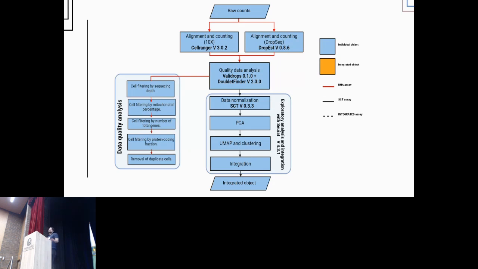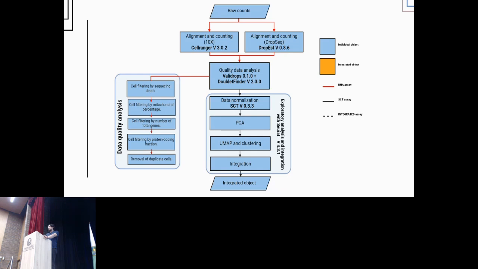After doing this, we normalized the expression values of the data using the SCTransform library, which is part of the Seurat pipeline and applies a negative binomial regression to normalize all the expression values. And these individual samples were integrated using the Seurat function called canonical correlation analysis that removes the batch effects at the moment of the integration.